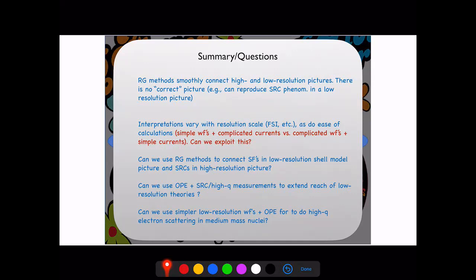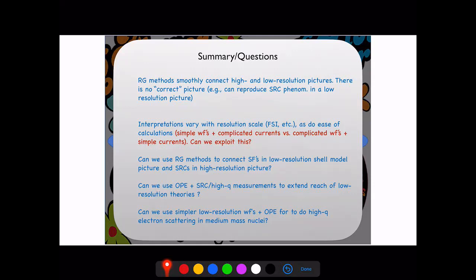The other thing is that, had I had more time to show my deuteron electrodisintegration, I would have convinced you that physical interpretations vary with resolution scale, as do practical things like final state interactions and overall ease of calculations. And the question I'd like to ask is, can we somehow exploit this?